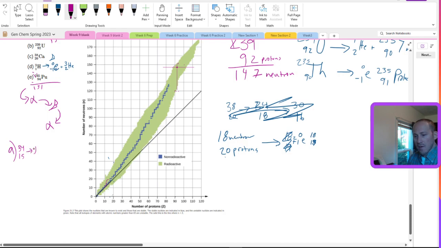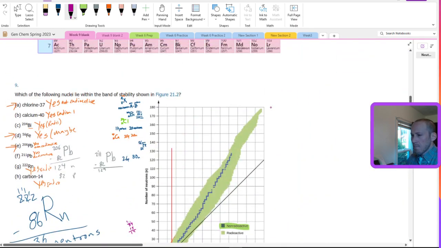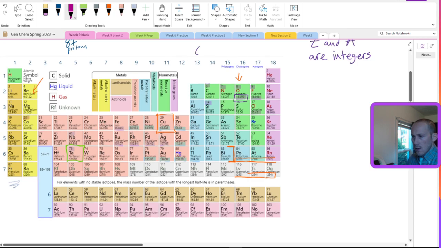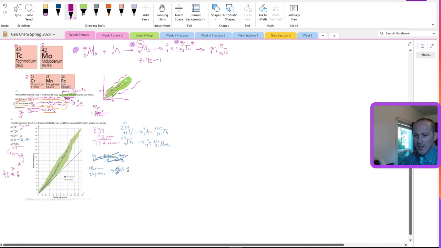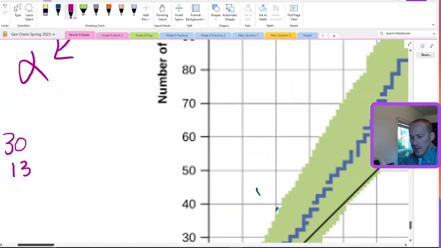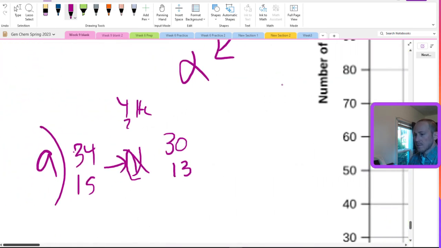You're going to lose an alpha, which again is a 4 and a 2. You're going to lose an alpha, which gets you to 30 and 13. And that's, is that neon? Or aluminum? I mean, I should have known that. So that gets us to aluminum, it looks like.